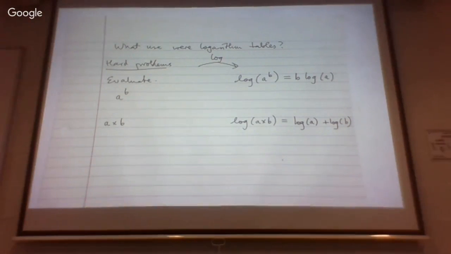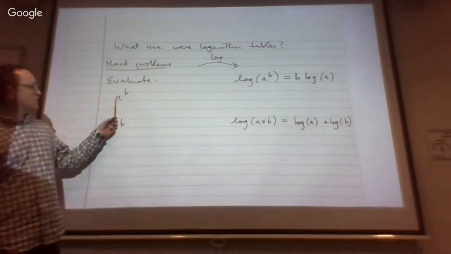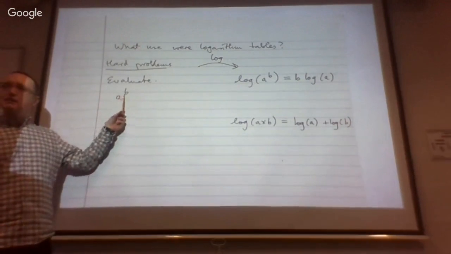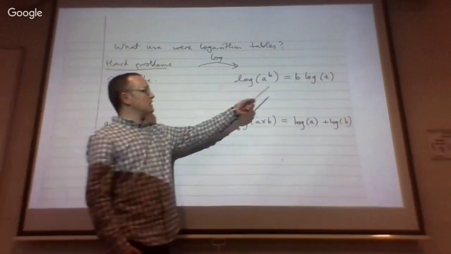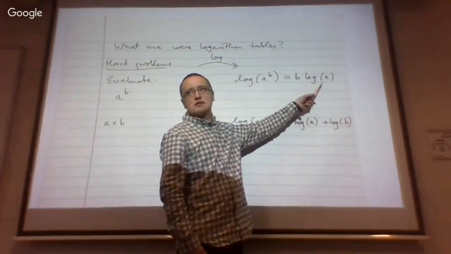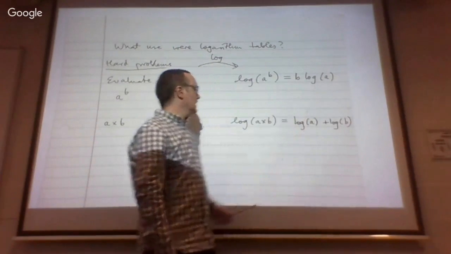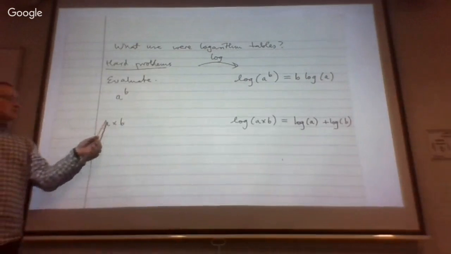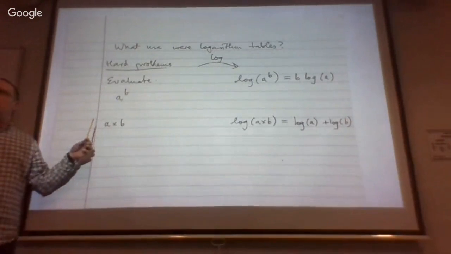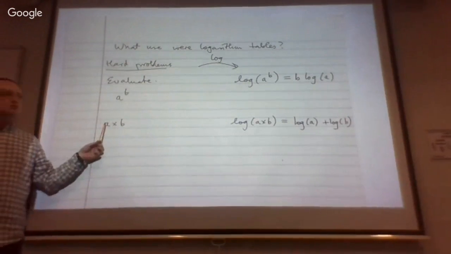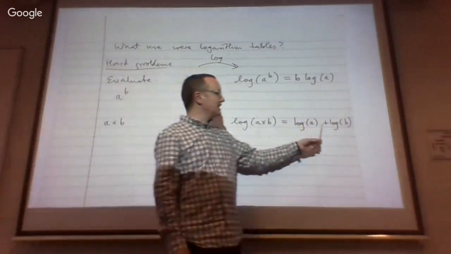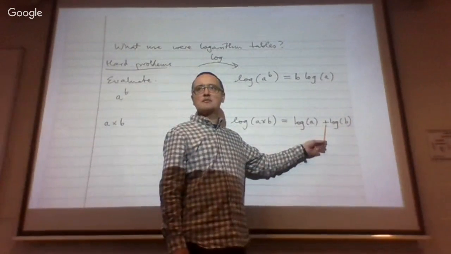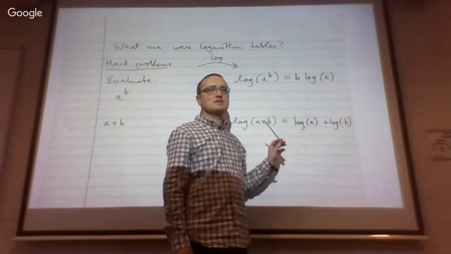Now what's happened here? Faced with this original problem of evaluating a power like this, it has been replaced by evaluating a product, which looks easier. And the slightly easier problem, but still maybe hard, of multiplying together two arbitrary numbers has been replaced by the easier, quicker problem of just adding two numbers.